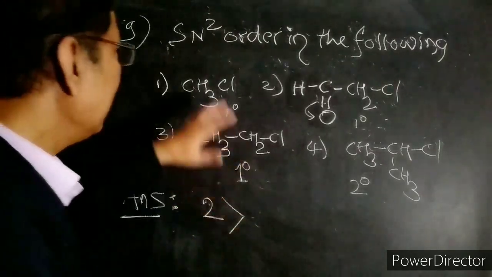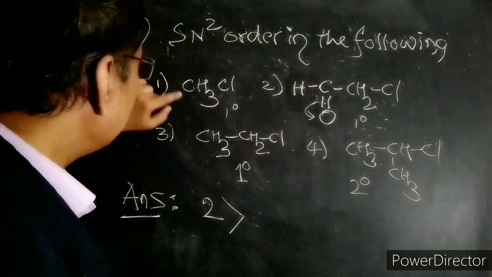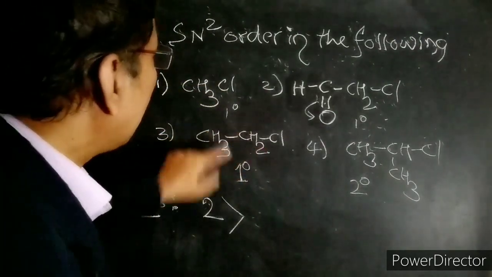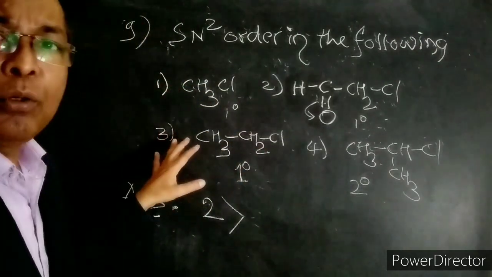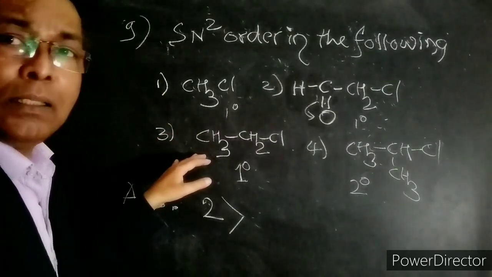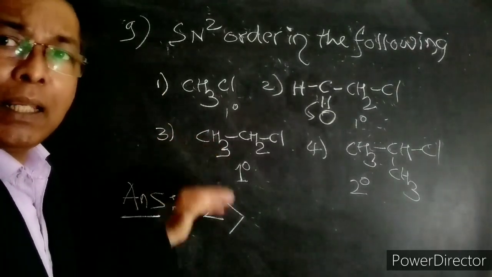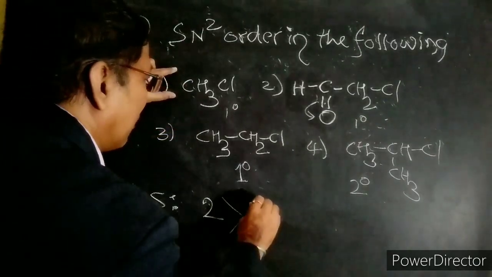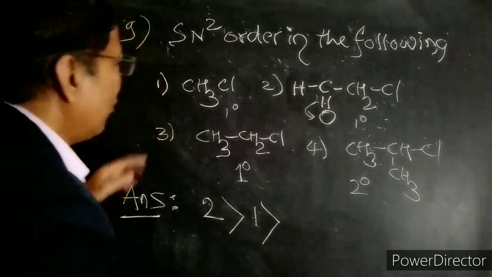Then in these two, the methyl chloride and the ethyl chloride, I have already told you that as the chain increases, SN2 reactivity decreases. So between these two, this has small chain, therefore this will undergo SN2 reaction very rapidly.